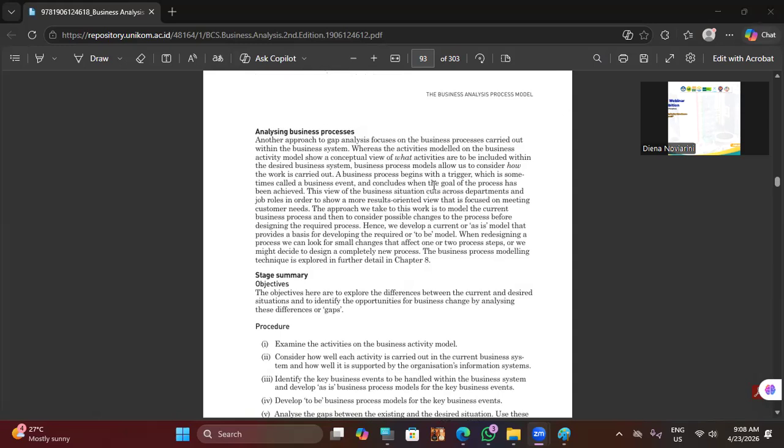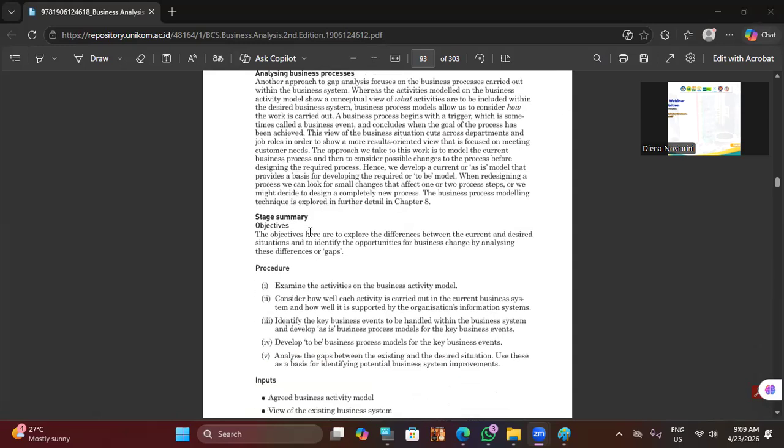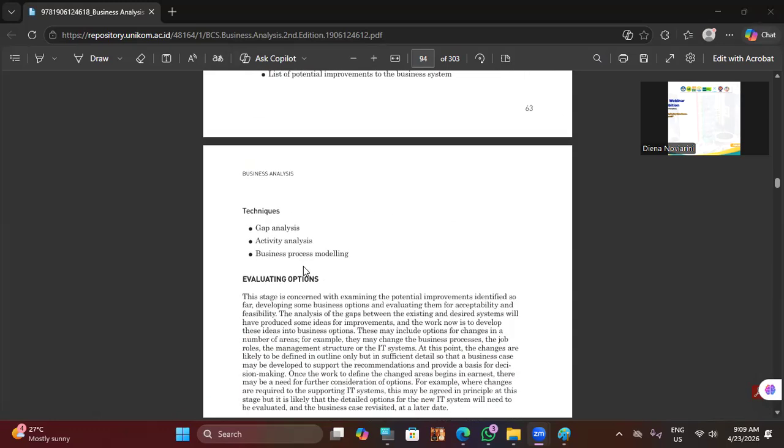A business process begins with a trigger, which is sometimes called a business event, and the approach we take to this work is to model the current business process and then to consider possible changes to the process before designing the required process. The stage summary of the objectives is to explore the differences between the current and desired situation and to identify the opportunities for business change by analyzing these differences or gaps.